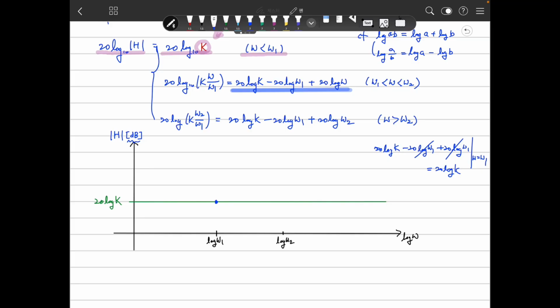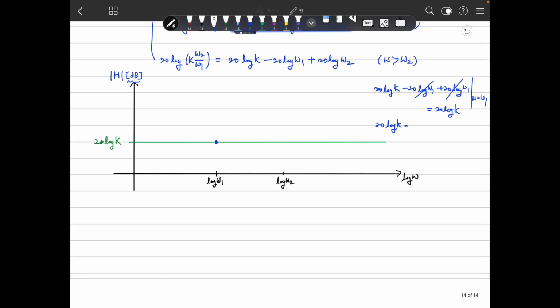How about omega 2? Then it is 20 log K minus 20 log omega 1 plus 20 log omega 2, at omega equal to omega 2.